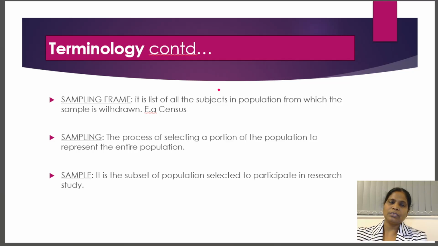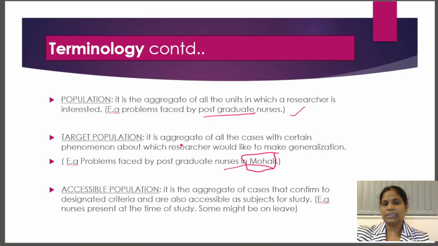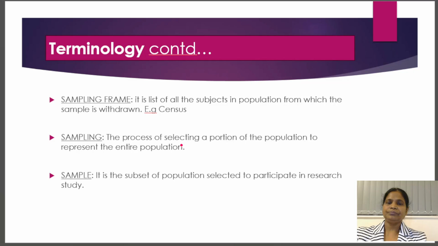From the above definition, we said it is part of the accessible target population. So when we say accessible, those who get involved in the study are accessible, who are present and whose data is gathered for analysis.